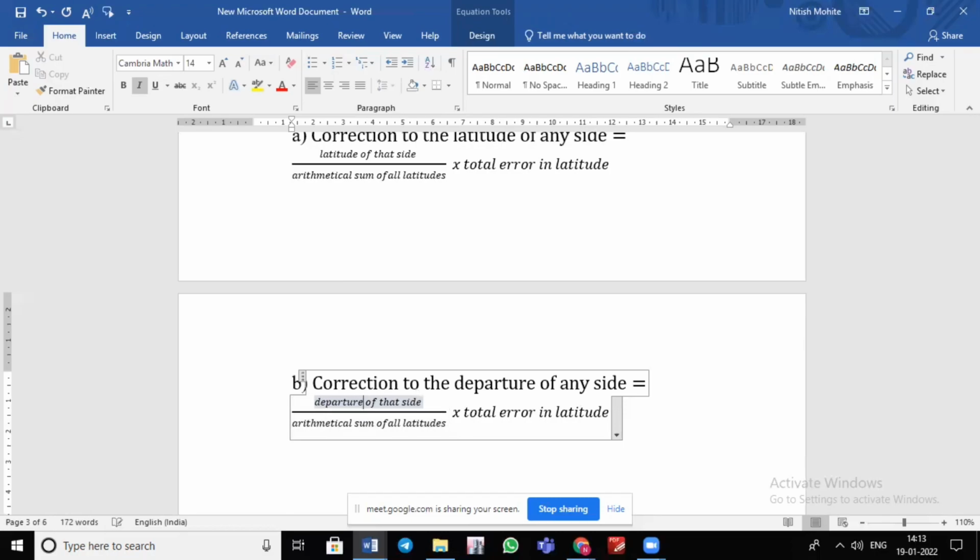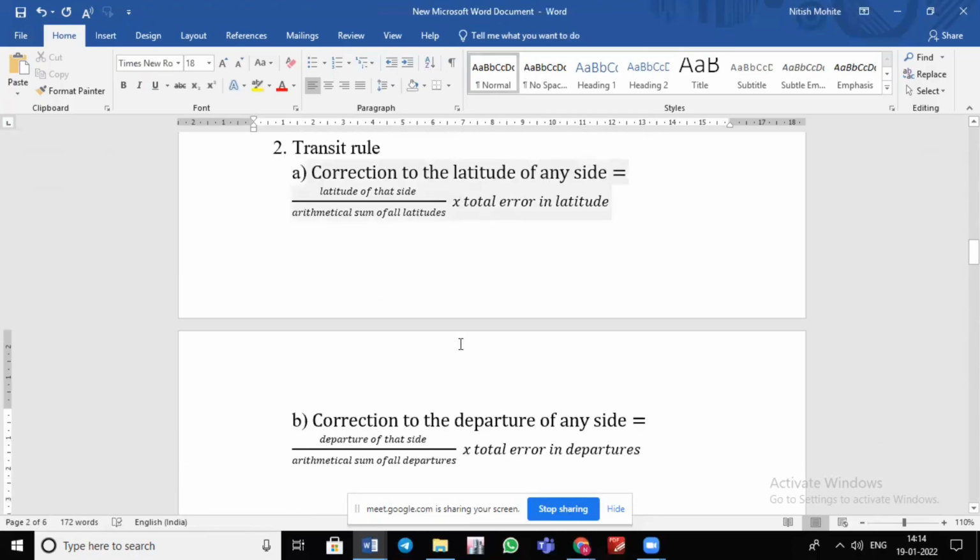Departure of that side divided by the arithmetical sum of all the departures into total error in departure. But you should know these formulas whenever we solve the numericals.